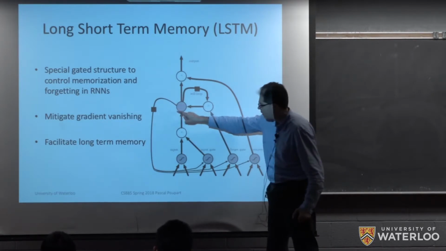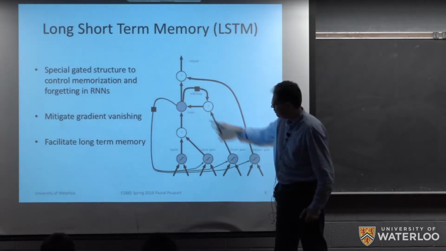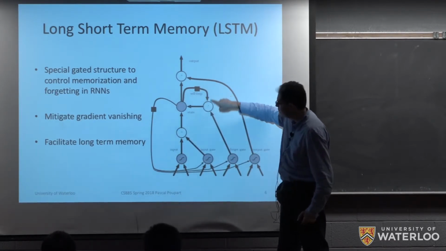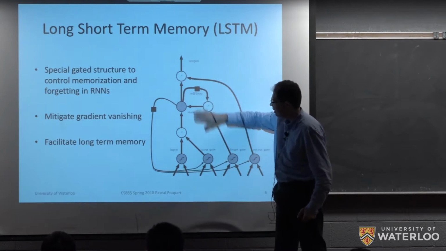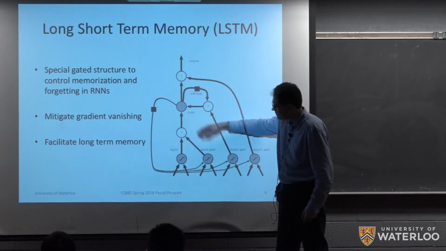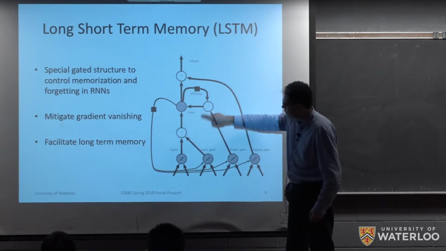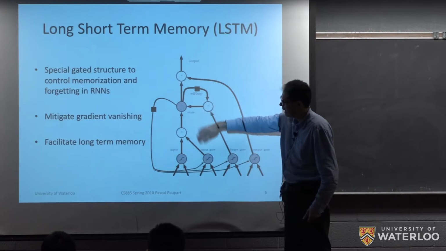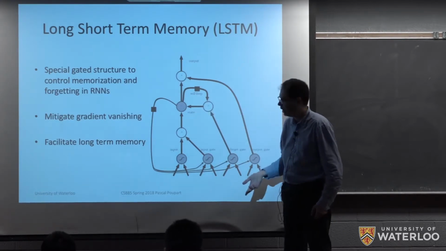So here I've got a hidden unit, but the information that would normally be fed to the hidden unit, which is the input, and also the previous hidden unit, are going to be modulated via some gates. So that's why I've got some multiplications here that are going to decide whether the information should be passed on to the hidden unit or not.